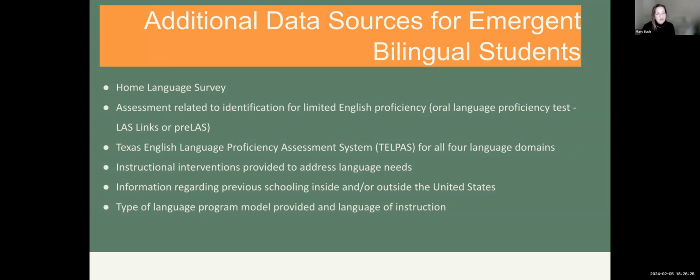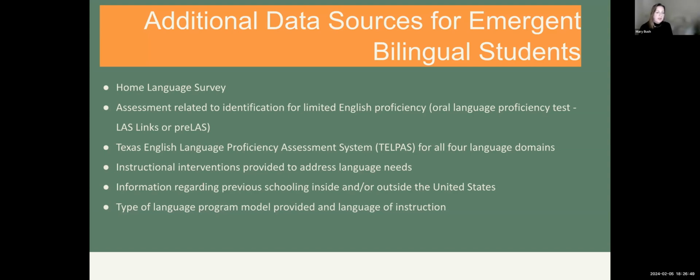You'll want to pay attention to any kind of instructional interventions that student might have had in school. Think about their previous schooling, whether they were in or outside of the United States. Was it a school in a city? Was it a school out in the country? Did they have consistent schooling? So you're going to want to ask questions like that. And then finally, what program model did they come from?